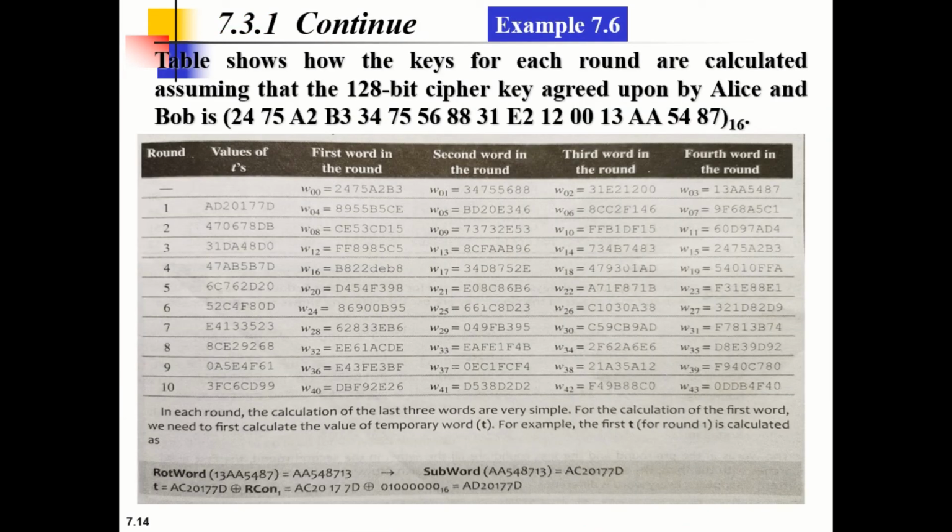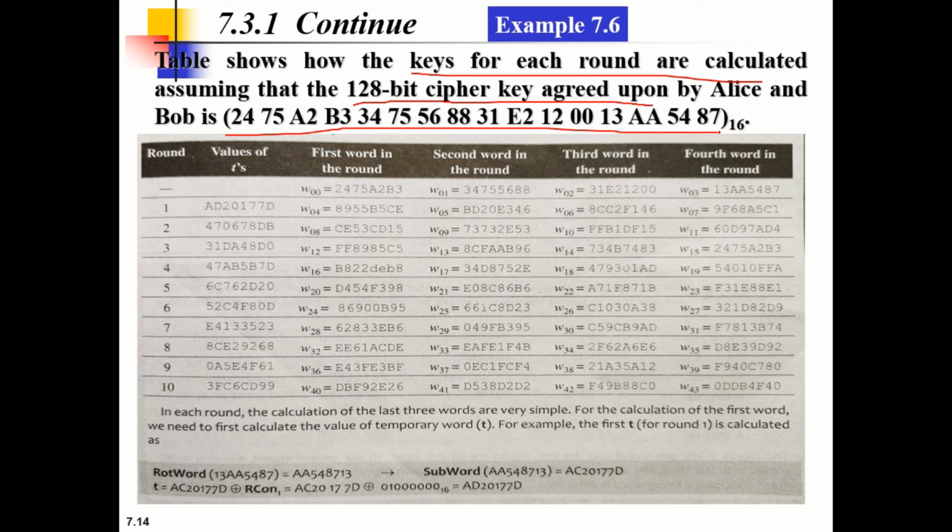This table is an example which shows how the keys for each round are calculated, and we are dealing with a 128-bit cipher key, which is agreed upon by the sender and the receiver. This is the initial key, the 128-bit cipher key, and out of this cipher key we will be generating the round keys.